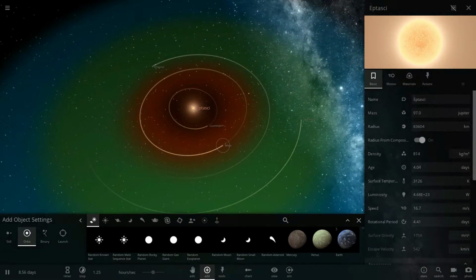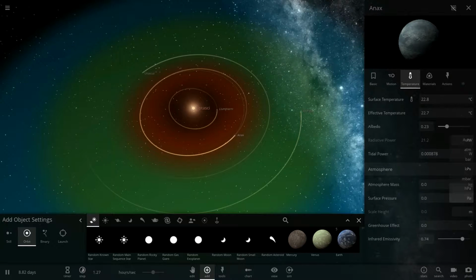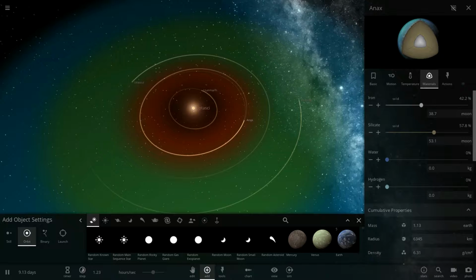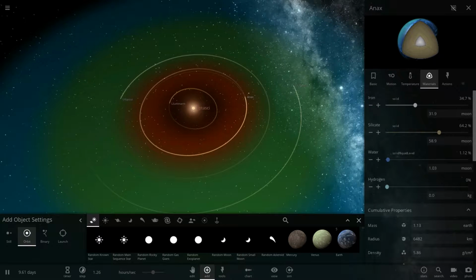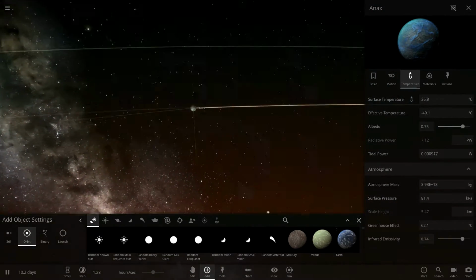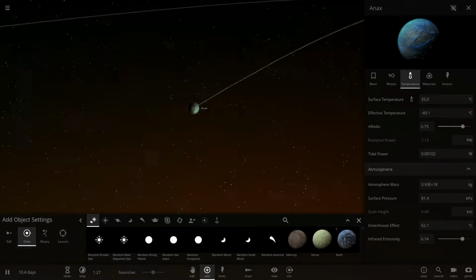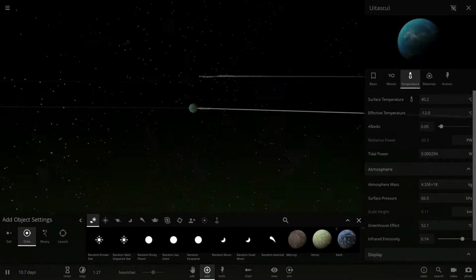So you could have something like this. You could have a very, very stable system. And what I mean by that is something like this, right?